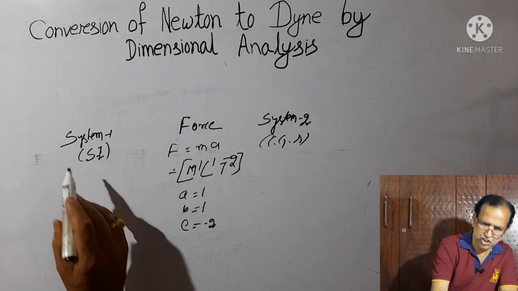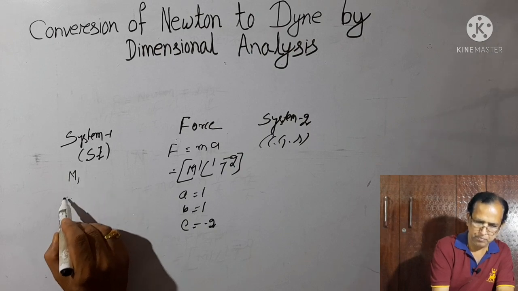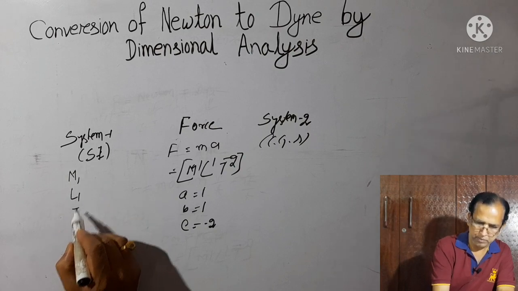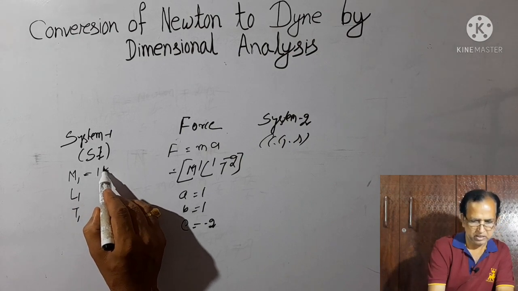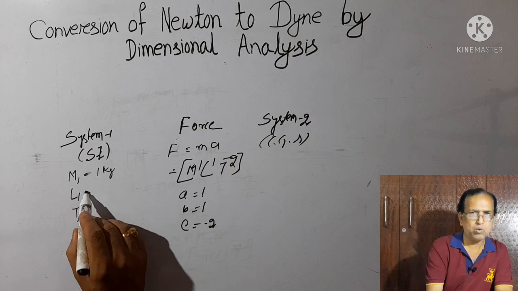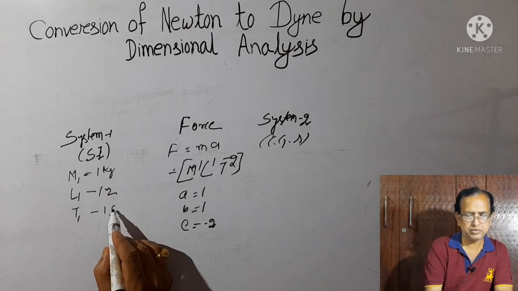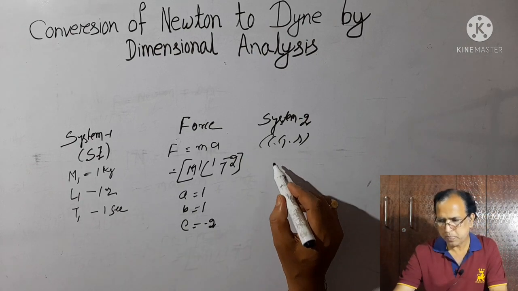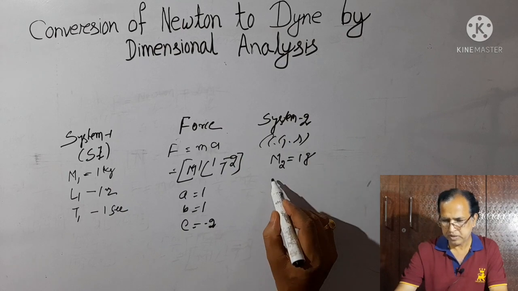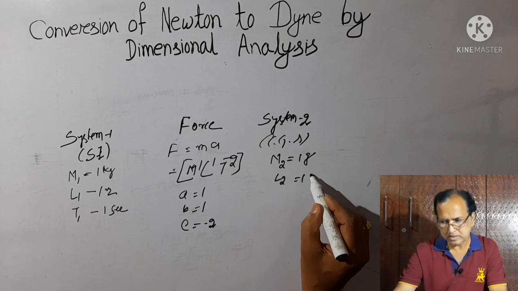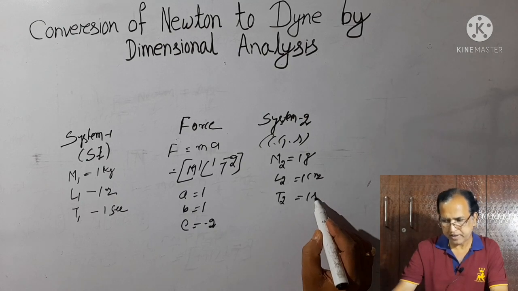In system 1, m1 is 1 kg, L1 is 1 meter, t1 is 1 second. In system 2, m2 is 1 gram, L2 is 1 centimeter, t2 is 1 second.